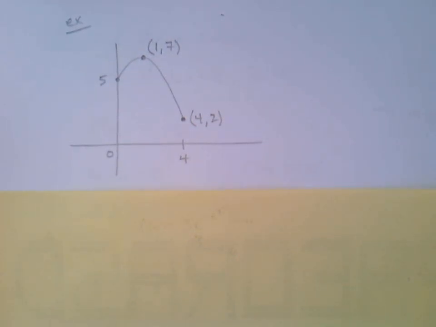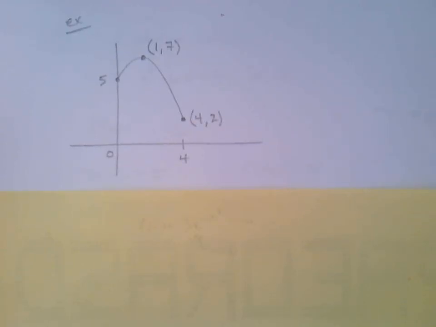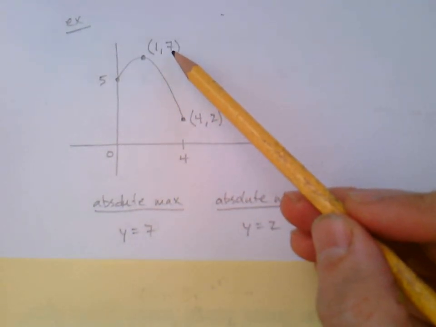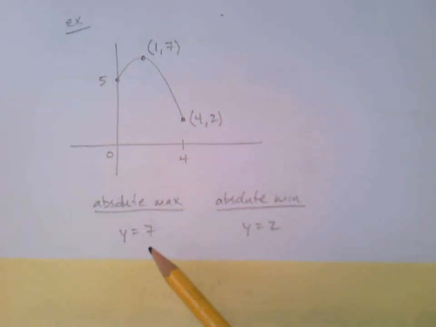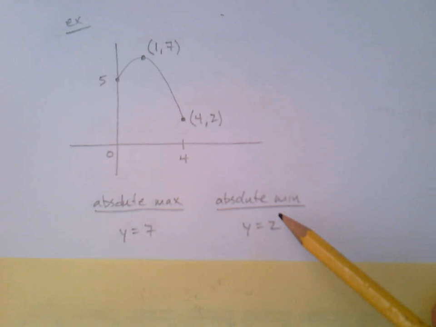So here you might say your interval is from 0 to 4. Just that restricted part, we might say. Well, what is the absolute max and what is the absolute min? And well, we can just see those things. So the absolute max is the biggest y value, the highest y value being 7. The absolute min is the lowest y value, 2.